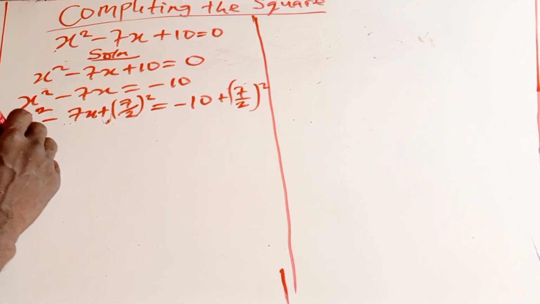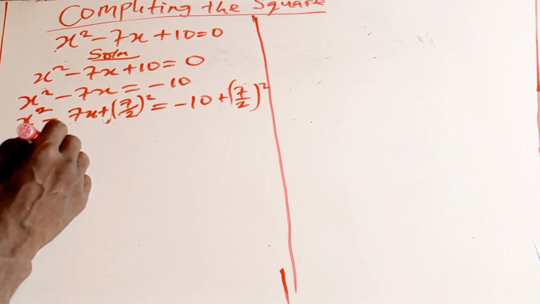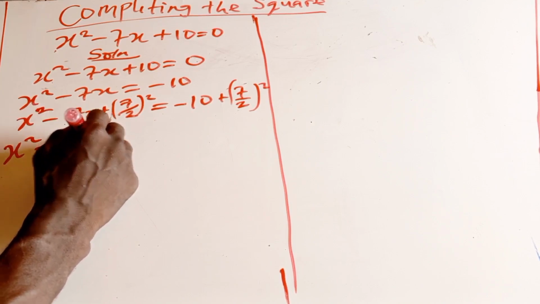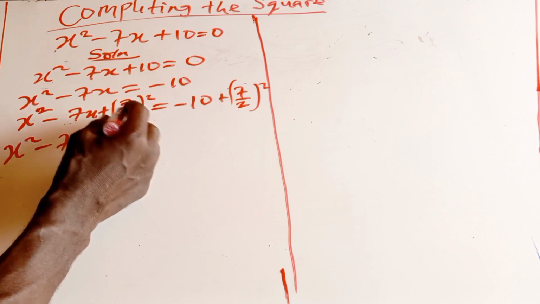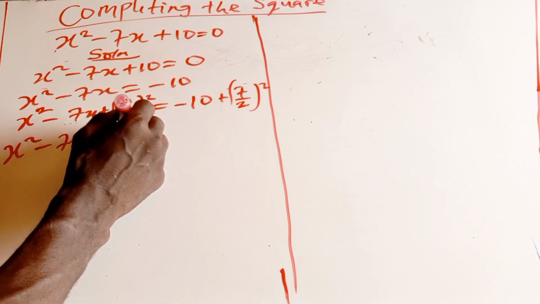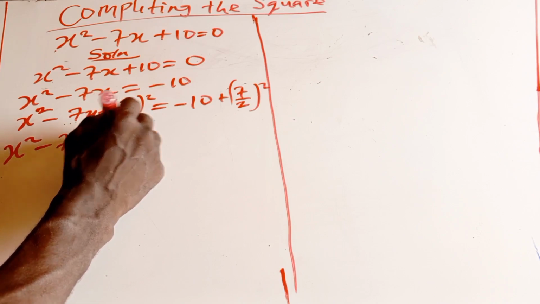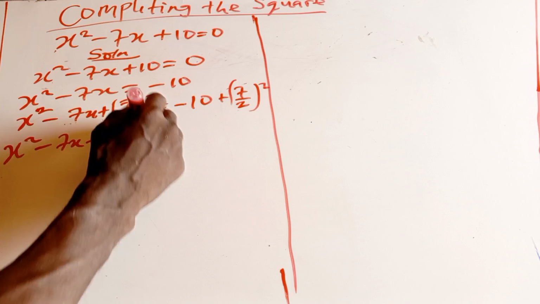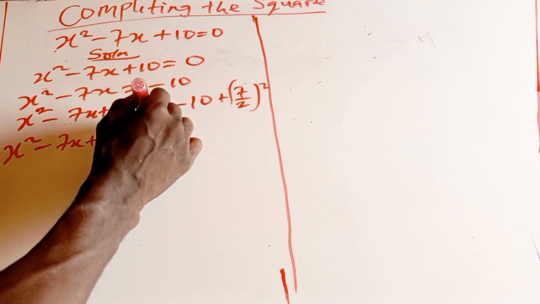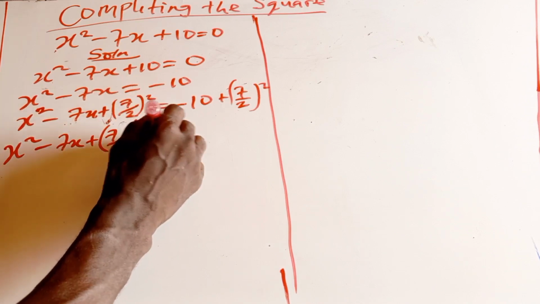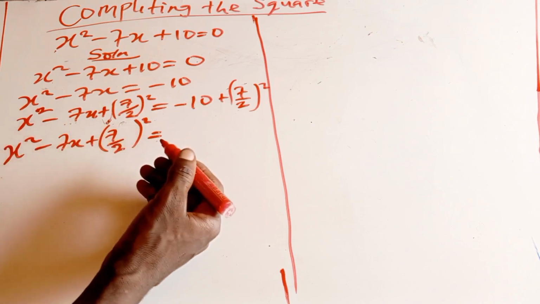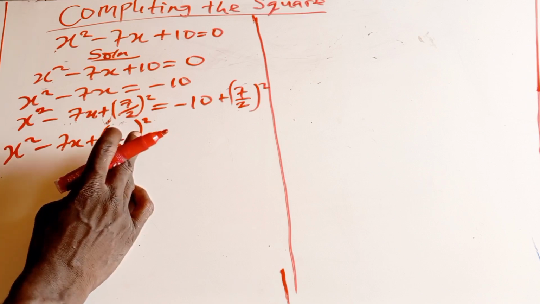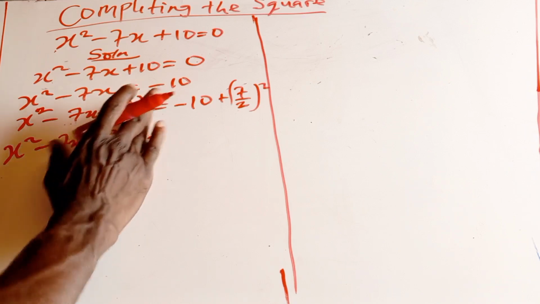Then let's simplify the equation. If you have x squared minus 7x plus 7 squared all over 2 squared, this is equal to, or we can say 7 squared is equal to 49, and 2 squared is equal to 4.